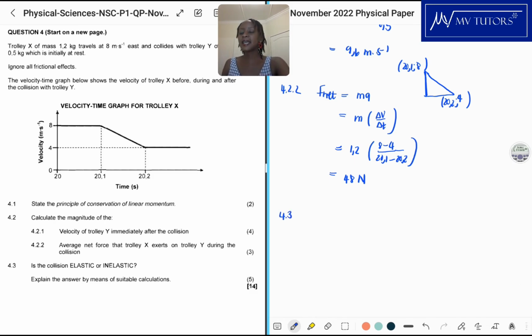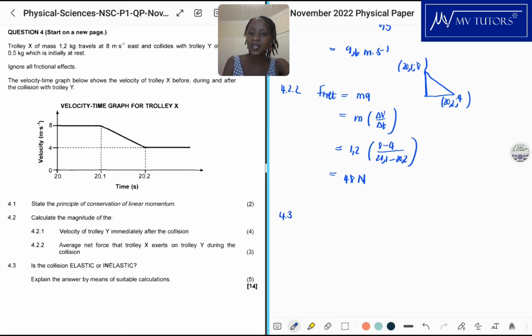Okay, and then 4.3, it says, is the collision elastic or inelastic? How do we determine elasticity? Well, we have to look at kinetic friction. What am I saying? Kinetic energy. It's been a long day. Kinetic energy. So we're going to look at the kinetic energy before the collision and the kinetic energy after the collision.